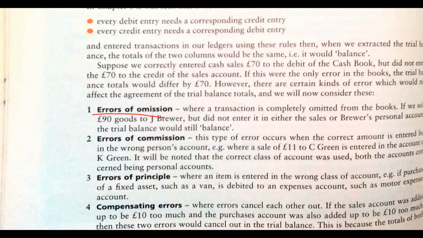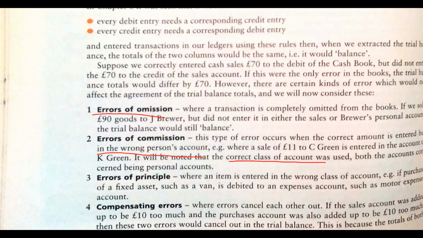The keyword is that the transaction is entered in the wrong person's account. For example, 11 kwacha is entered into K Green's account. So observe that the correct class of account is used. When you're dealing with the error of commission, the correct class of the account is actually used.